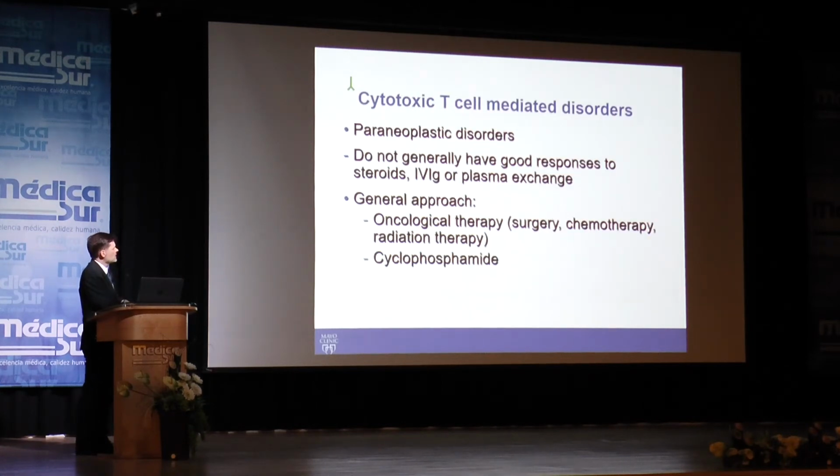Cytotoxic T-cell mediated disorders, these ones associated with cancer, generally do not have a good response to immune therapy. So the general approach has to be find the tumor, treat the tumor. My colleagues in Rochester will try treating these patients, often with oral cyclophosphamide, in addition to treating the tumor.